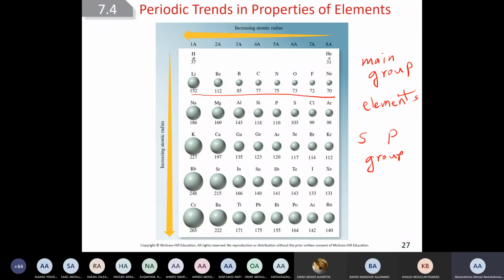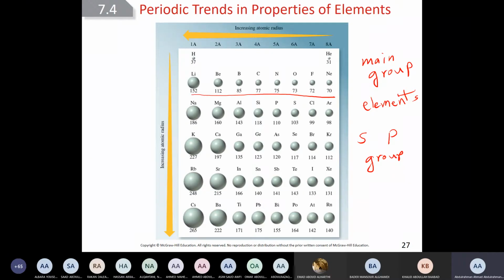If you look at your periodic table, look at the S and P group, which is 8 elements together. So if you count here, there are 2 for the S, which is alkali and alkaline, and this is boron, and then carbon, nitrogen, oxygen, fluorine, and neon. That's the main group, the S and P elements.